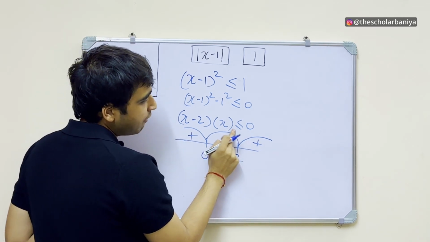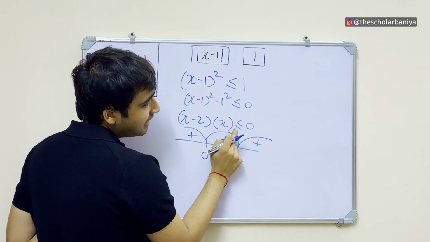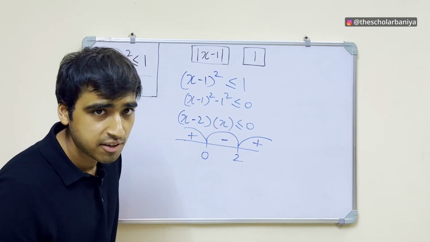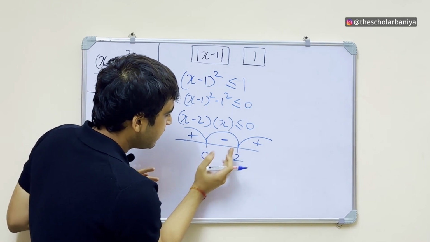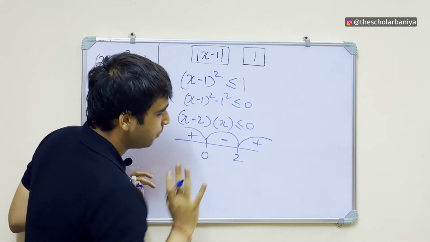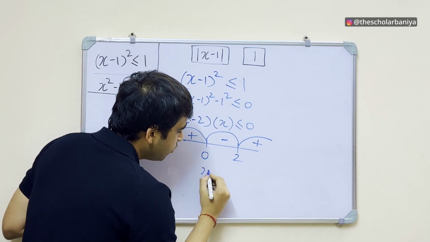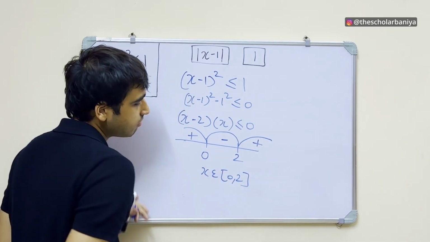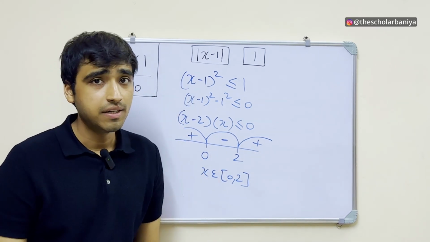Now we have to come up with less than or equal to 0. Less than or equal to 0 means we have to look for the negative sign. The negative sign is between 0 and 2. That means the value of x lies between 0 and 2. I hope this should be clear.